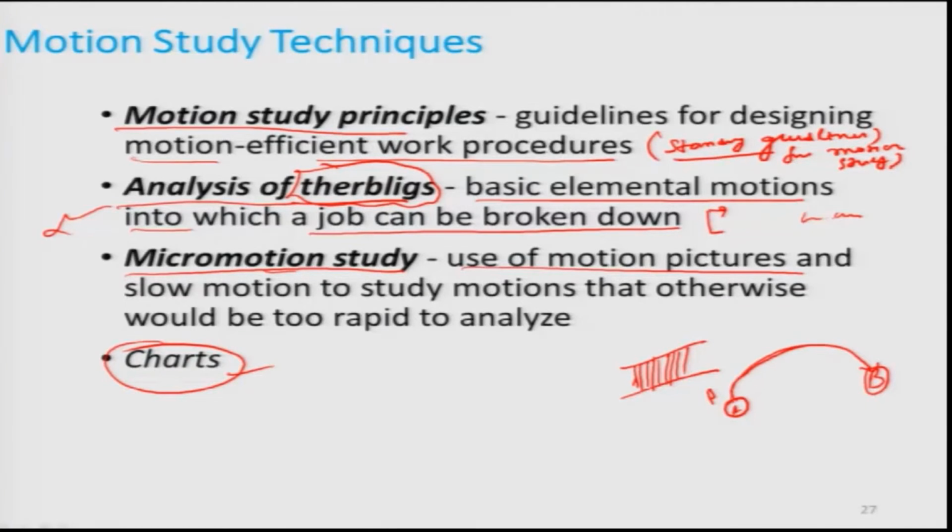Whatever path you follow to reach point B, those image paths are recorded in a camera as multiple continuous pictures, and each picture is then analyzed to see the actual time required to transport this part from point A to point B. And charts are also available for a motion study.